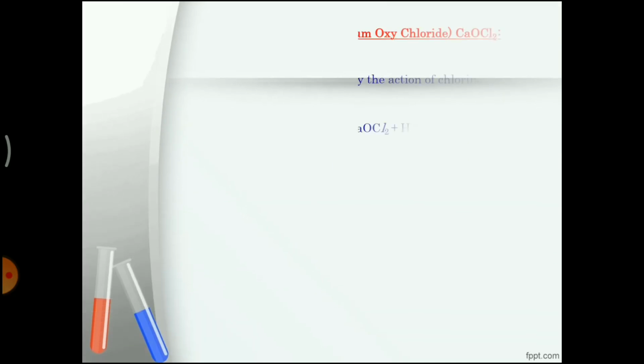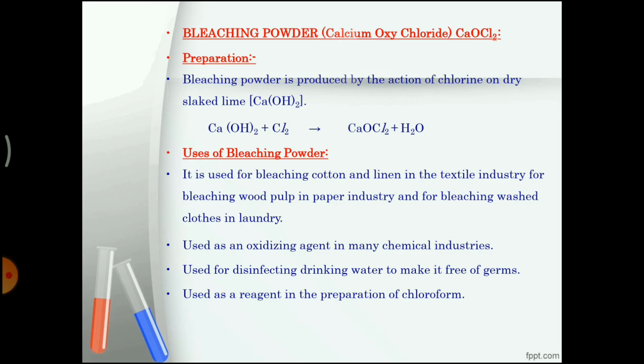Now, we go for bleaching powder. You know that chlorine is produced during the electrolysis of aqueous sodium chloride, which is called brine. This chlorine gas is used for manufacturing of bleaching powder.